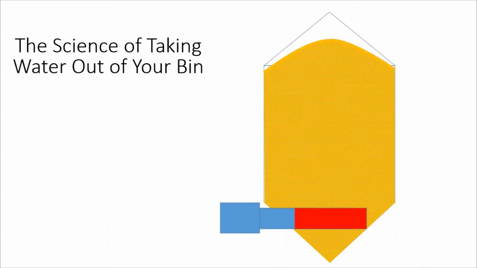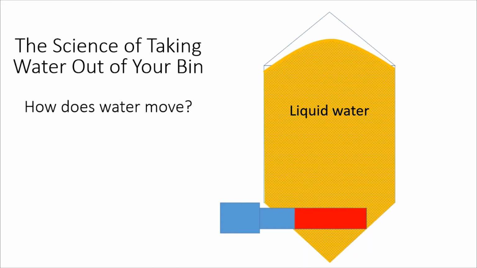Here's a typical grain bin, and ultimately you've got liquid water that's in your grain mass, and the trick here is, how do you get your water to move? How can you remove it out of your bin? The key to that is phase conversion.